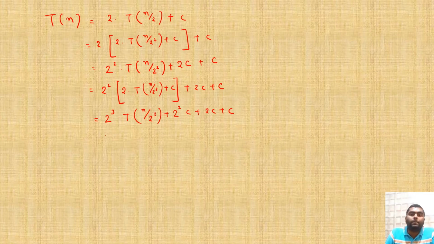Now similarly, we can say this is 2 raised to the power 1, 2 raised to the power 2, and this is 2 raised to the power g, like this.